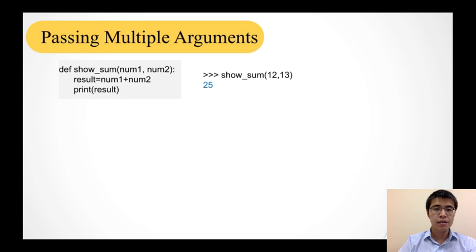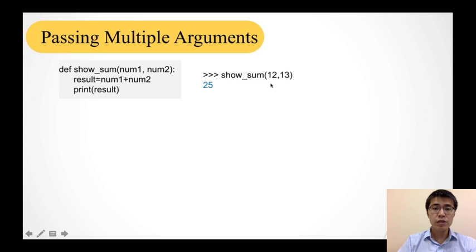Okay, another thing is that we are not limited to one parameter per function. We can use multiple parameters in a function, and when we do that, we also need to provide multiple arguments when we use this function. For example, let's say we have this user-defined function, show sum, and in this function we have number 1, number 2, two parameters, and we add them up and show the result.